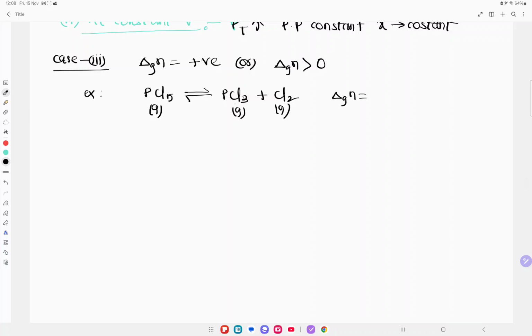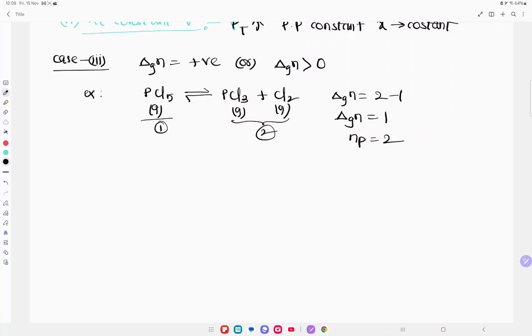Delta n is equal to the number of moles of gaseous products, 2 here, minus the number of moles of gaseous reactant, 1 here. 2 minus 1, that is equal to 1. That means positive. And what is np for this reaction? np for this reaction is 2.